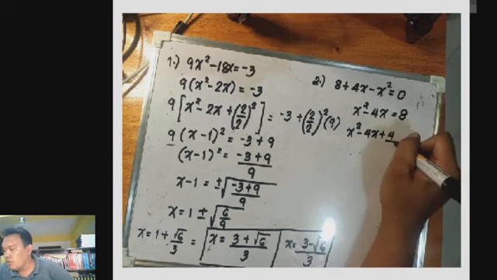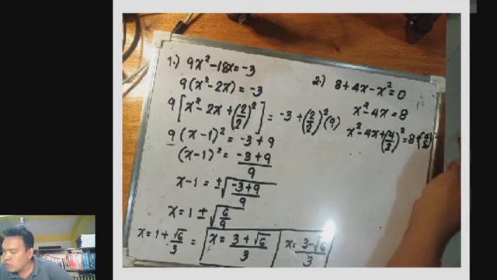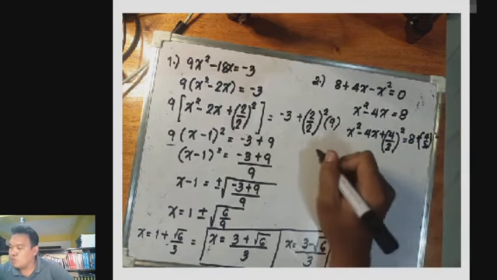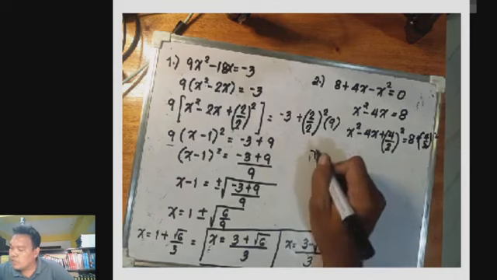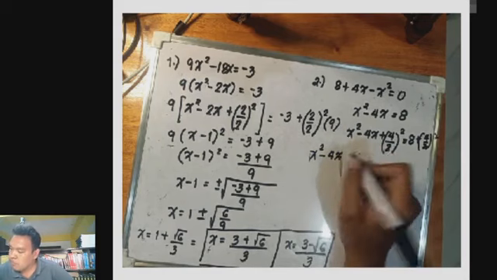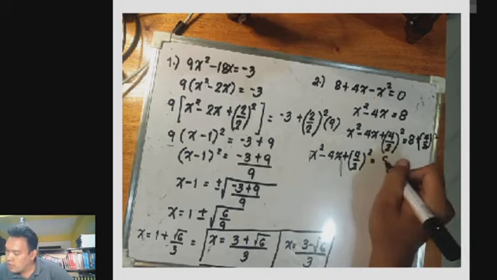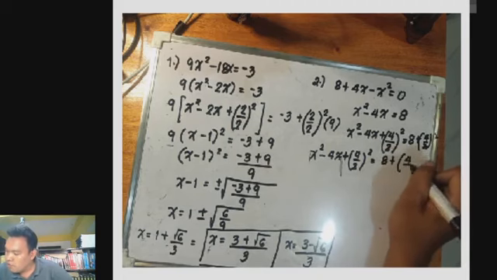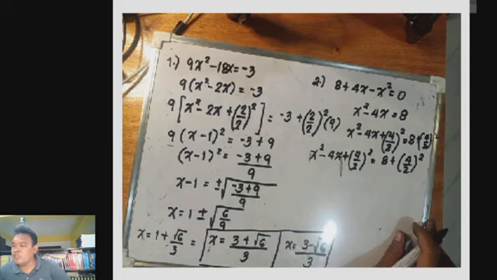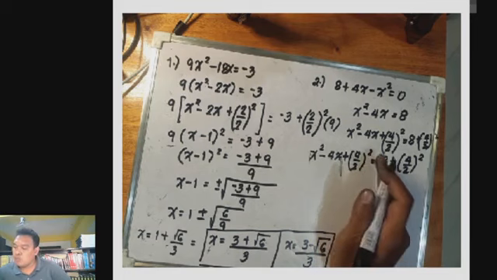So we have (4 over 2)^2 equals 8 plus (4 over 2)^2. So we have x^2 minus 4x plus (4 over 2)^2 equals 8 plus (4 over 2)^2. Okay? So here, 4 over 2 is equivalent to 2. Then squared, so it comes out as 4 again.